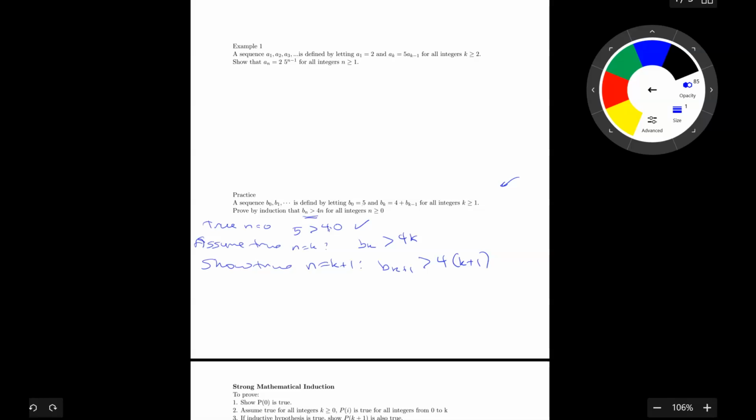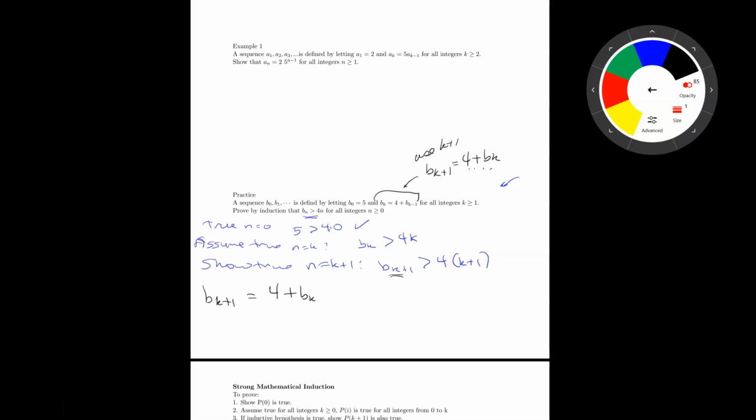Okay, so this is where I change gears, right? This is where I go up here, and I'm going to use k plus 1 in this. So that gives me b sub k plus 1 is equal to 4 plus b sub k. So I take this and I say, okay, b sub k plus 1 is equal to this, 4 plus b sub k. So then I think about what is my inductive step.